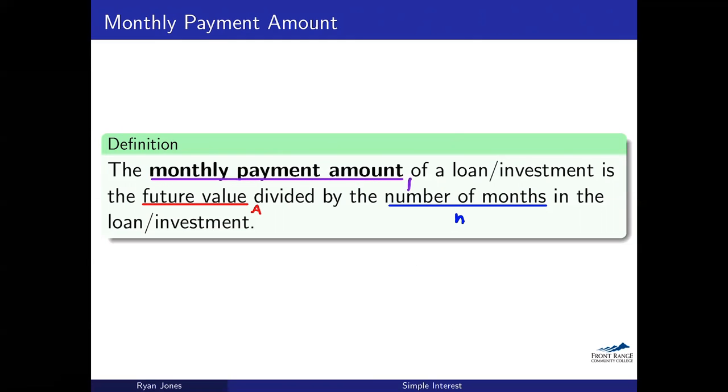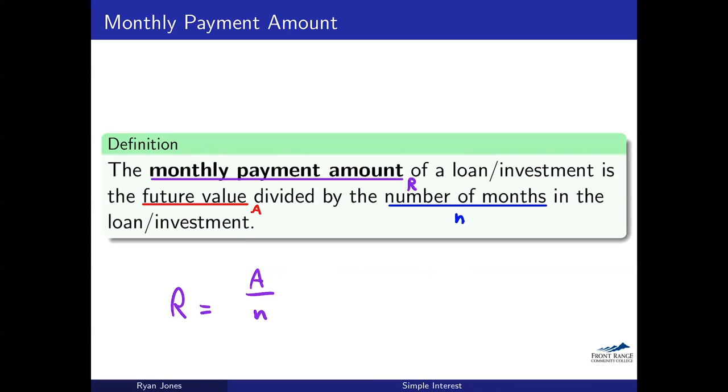I'm going to call this R for now. And again, we might use different notation for that, but R is just A over N. It's just how much money you borrowed and have to pay back, divided by the number of months that you took out for that loan.